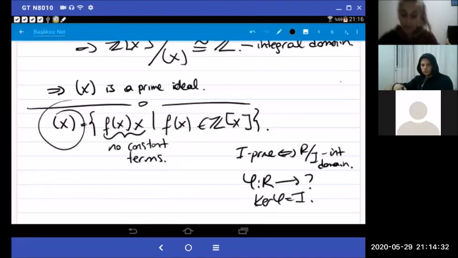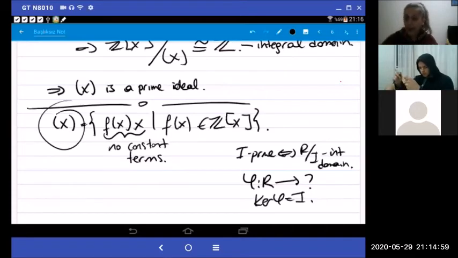So since you want the kernel to be equal to your ideal, you need to consider the definition of your ideal while setting up a homomorphism. In this example, the definition of your ideal gives you polynomials with no constant terms.